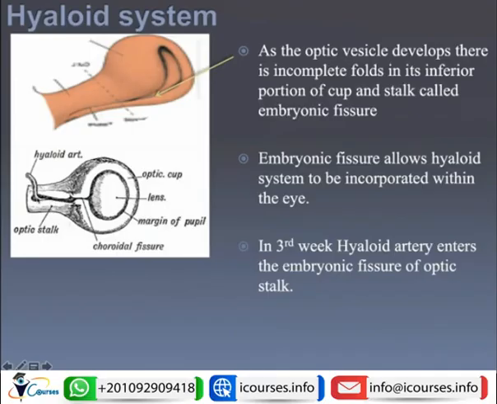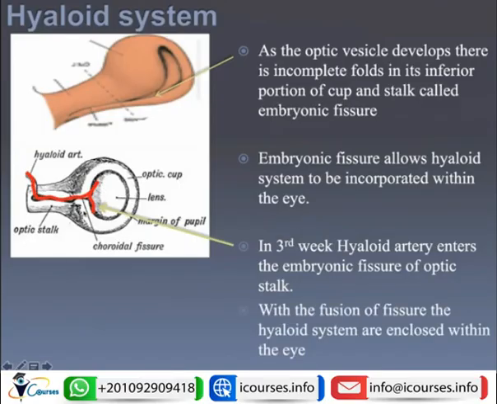This is the optic stalk, and there will be an inferior fissure inside the optic stalk, making the stalk incomplete. This optic stalk will incorporate the hyaloid artery. So the hyaloid artery will be running inside the optic stalk to reach the eye to supply the posterior segment of the developing eye.